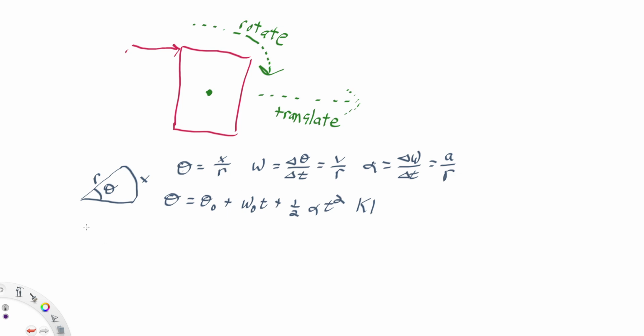So let's start with our definition. F equals ma. Now the acceleration, we've just said, is related to its angular acceleration by a factor of r. So we could take this a and replace it with alpha r.